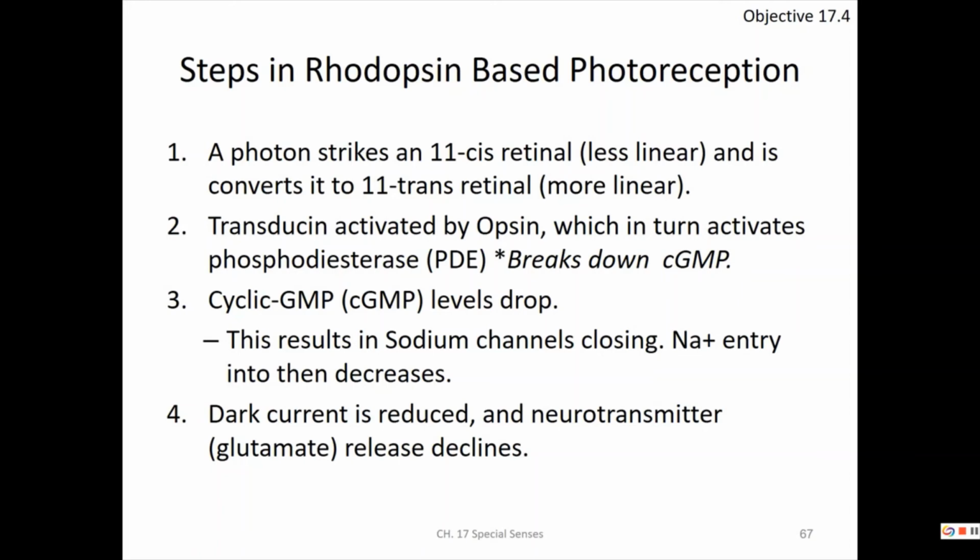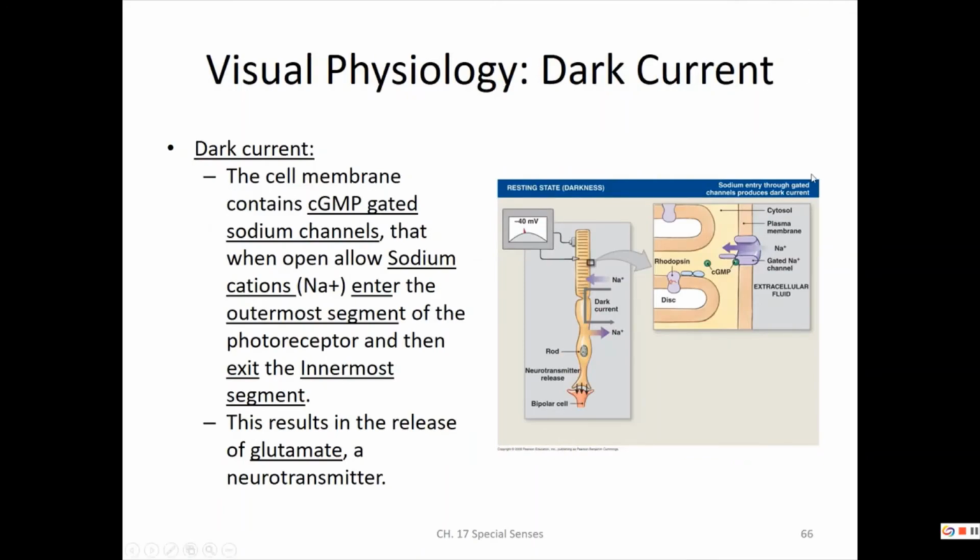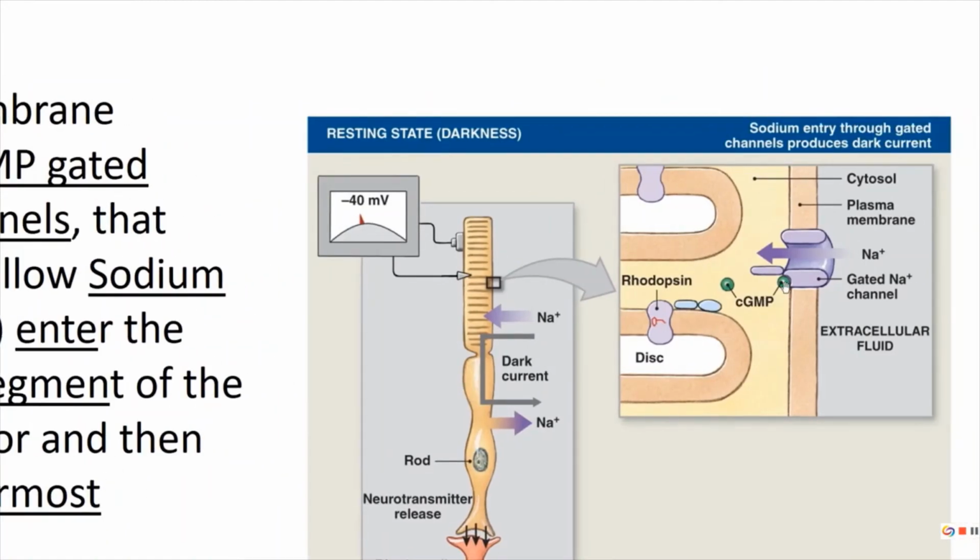And as that happens, it activates PDE to break down cGMP. cGMP is like a doorstop, and PDE comes in, knocks that out, and the door shuts. And that will diminish dark current. Okay? So dark current diminishes and glutamate stops being released, and the bipolar cell knows that we've done this.